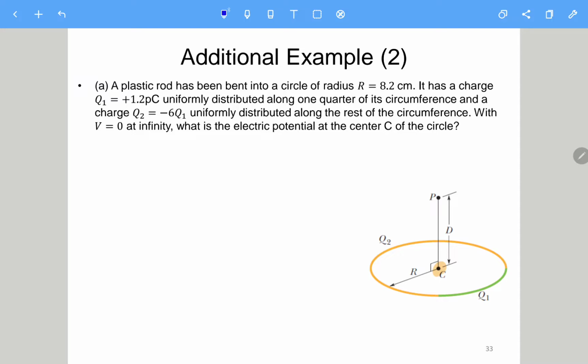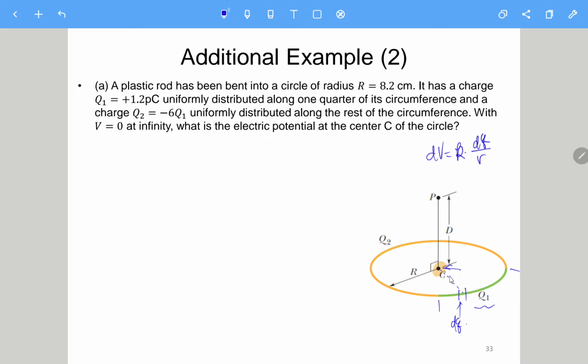Okay, this question is pretty easy. The Q1 charge is distributed along this circle, so we separate it into many small segments, each with charge dq, and find the potential at point C. So dV will be k times dq over r, and we integrate from here to there for this Q1.